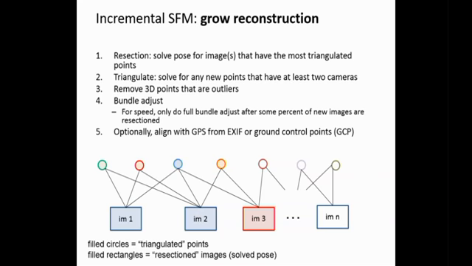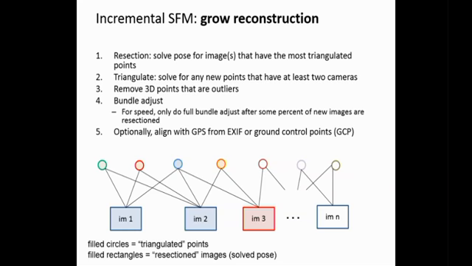So far we've solved for the pose of 2 cameras and the 3D values of the points that they both observe. And so now I can grow my reconstruction. I iteratively resection, which means that I add other cameras to my solution.